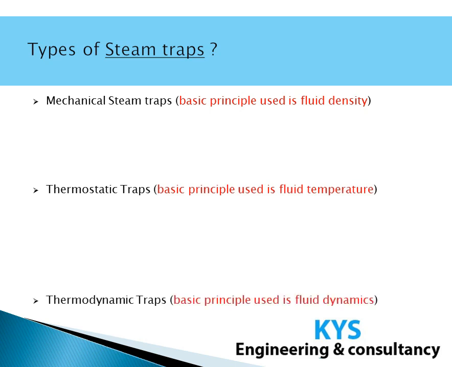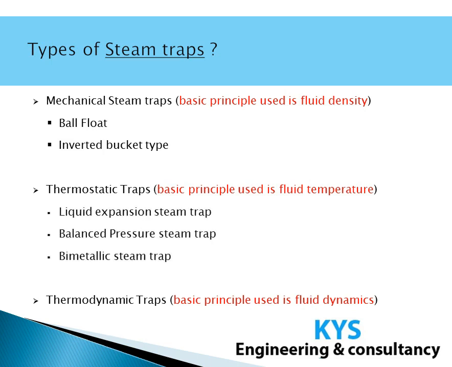And thermodynamic steam trap, which operates by change in fluid dynamics. Further, we have two types in mechanical steam trap: ball float and inverted bucket type. In thermostatic steam trap, we have three types: liquid expansion steam trap, balanced pressure steam trap, and bimetallic steam trap.